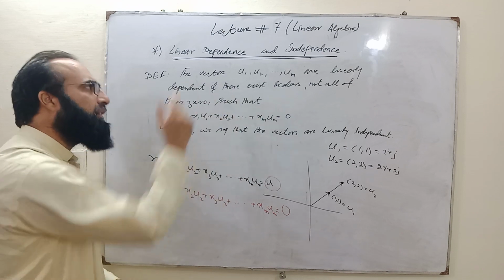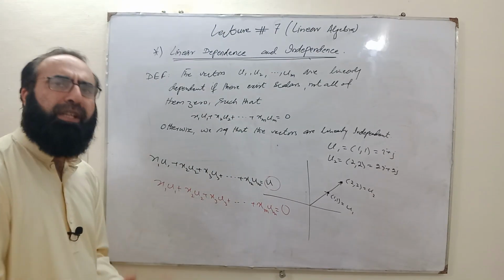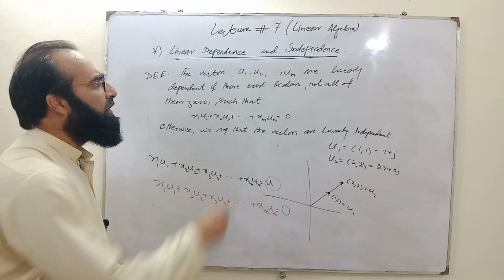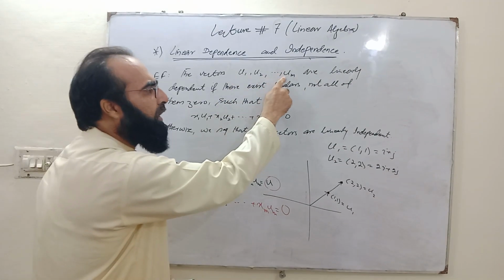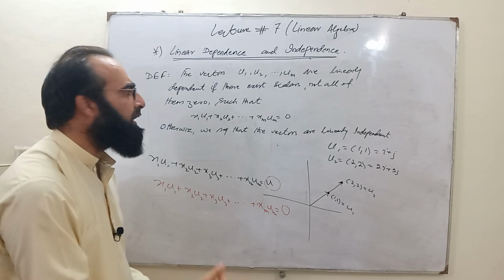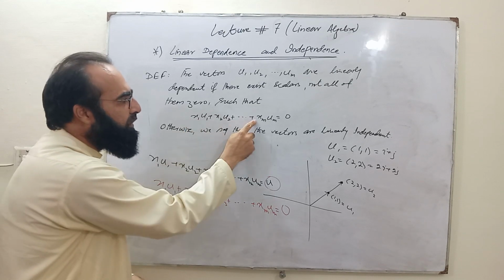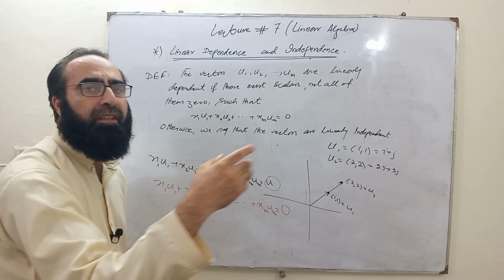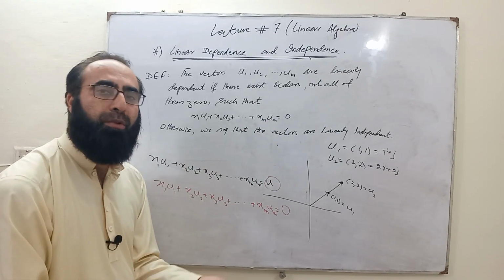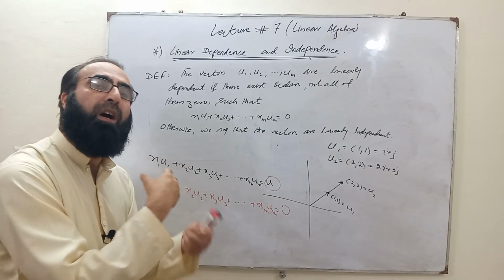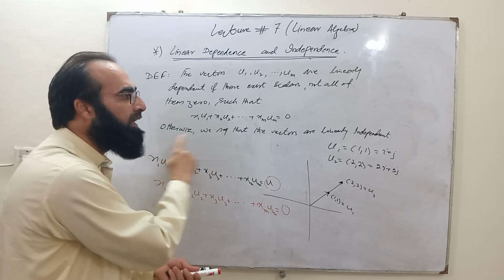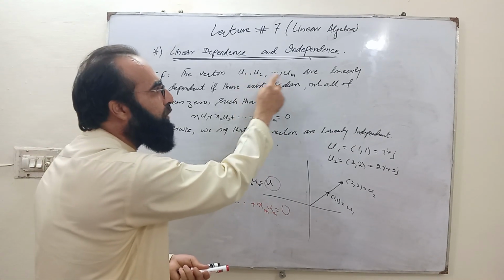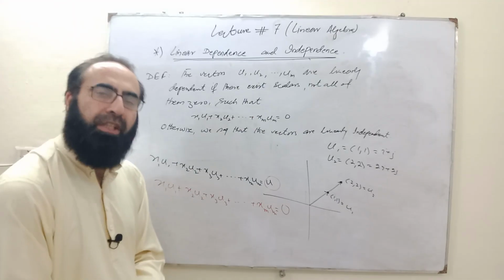So in the definition of linearly dependent or independent vectors, these vectors u1, u2 up to um will be linearly dependent if from this equation we obtain x1, x2 up to xm such that not all of them are zeros. If all of them become zero, then we will say that the given vectors u1, u2 up to um are linearly independent.